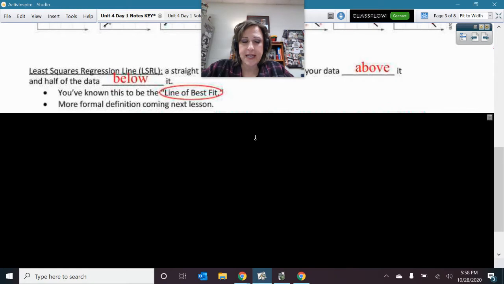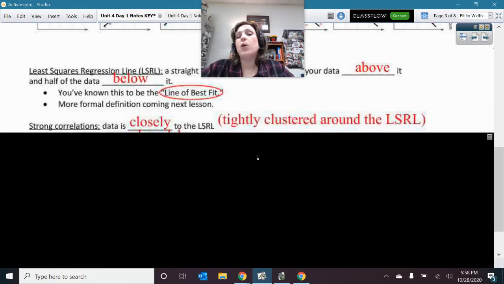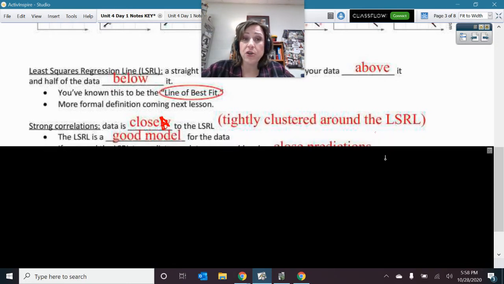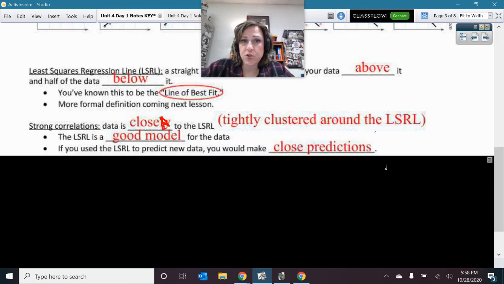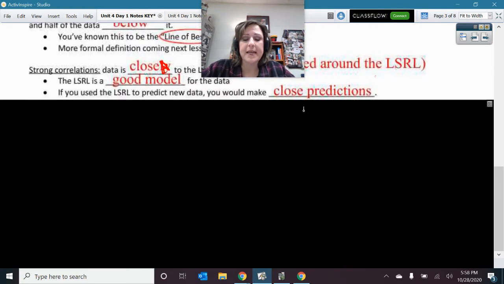If things are strongly correlated, then the data is close to the least squares regression line. It's closely clustered around that LSRL, and it's a good model to make a close prediction. You feel okay with the prediction you are making.